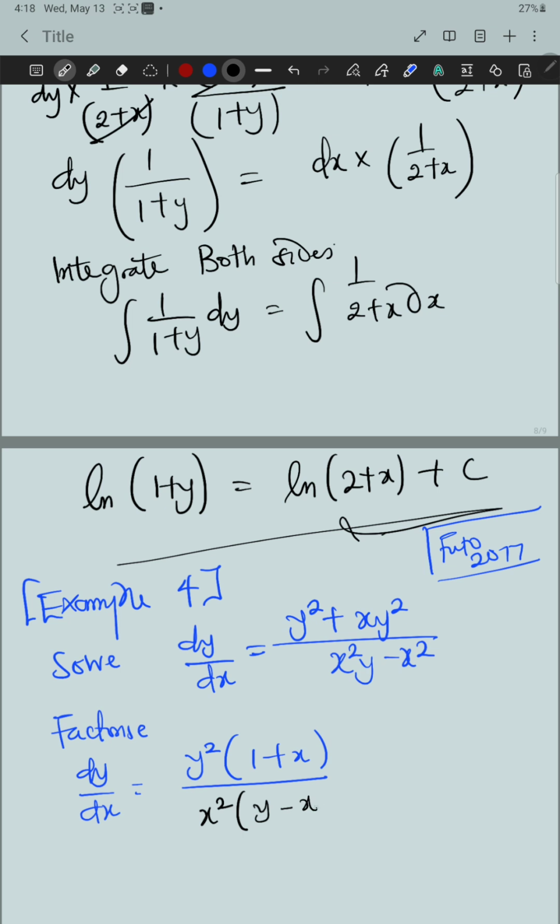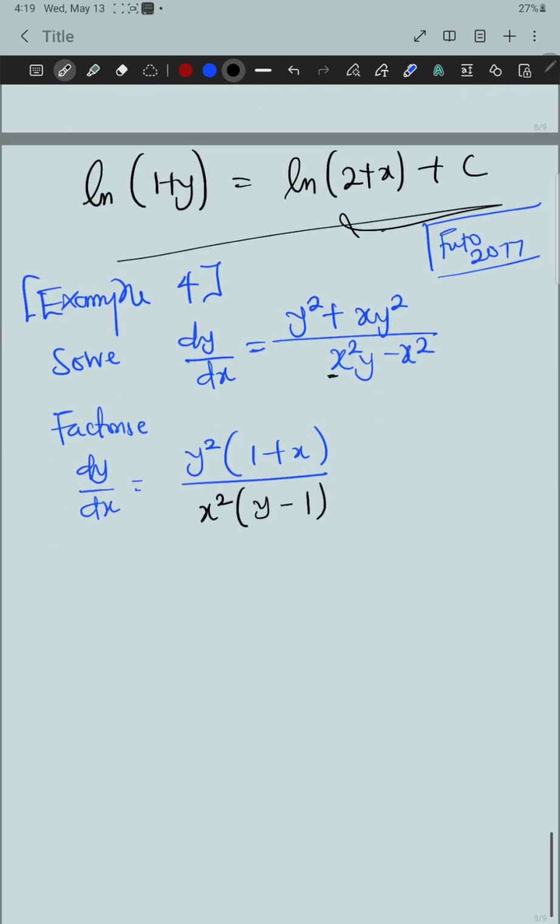So x squared into y minus 1. Yes, because this is common to both sides. Minus 1 is okay. All right.